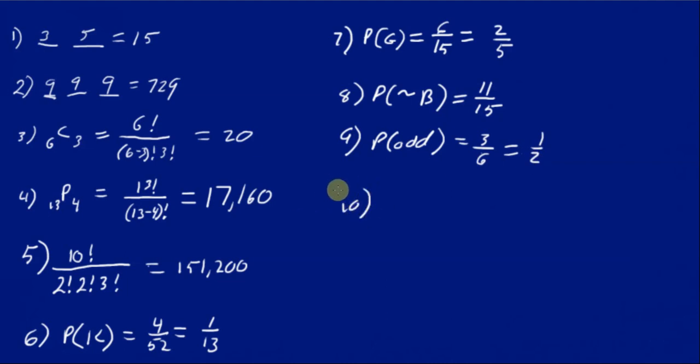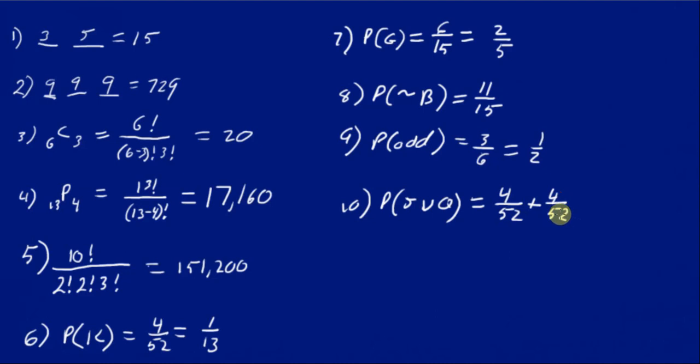Number 10, I want the probability of choosing a jack or a queen. And as soon as I see the word or, I know that I'm going to be using the addition rule. So I'm going to be taking 4 jacks out of 52, adding that to 4 queens out of 52.